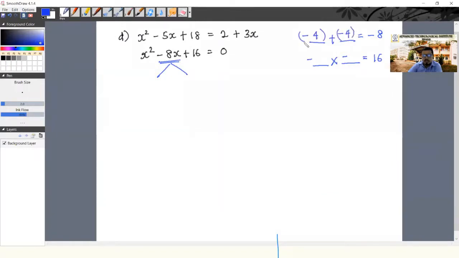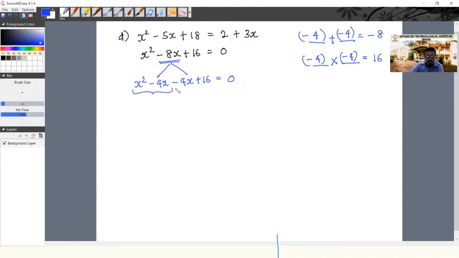See, minus 4 plus minus 4 will give minus 8. Minus 4 into minus 4 will give minus into minus, that is plus 16. So once we split this, it will become x squared minus 4x minus 4x plus 16 equals 0.